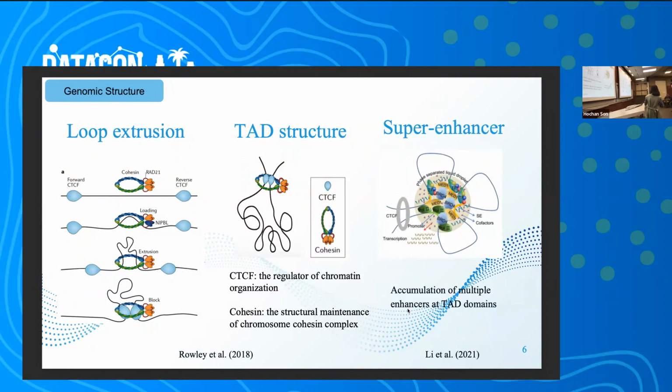The string passes through the ring until it hits the CTCF anchor. Most of the time it should be around this structure, but sometimes the cohesin ring can stop in the middle. That case is not what we will talk about in this project.